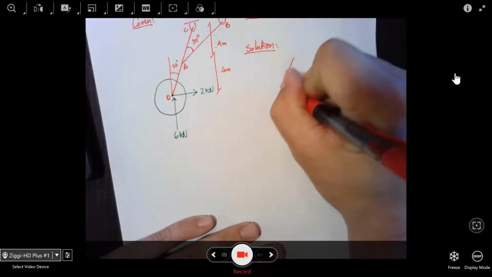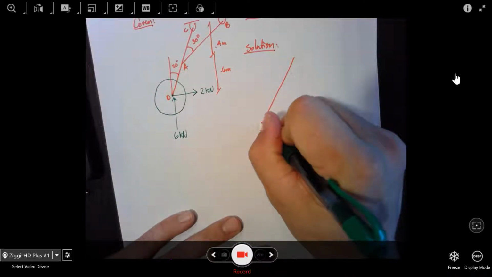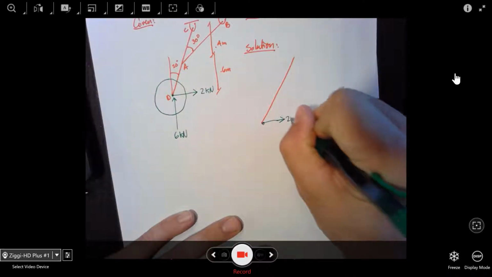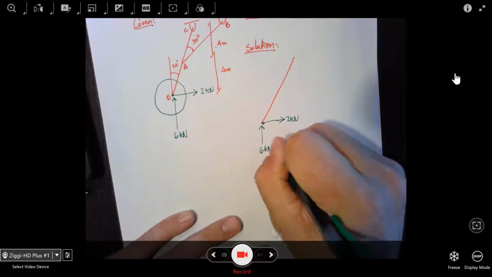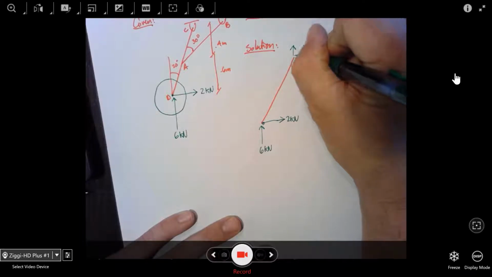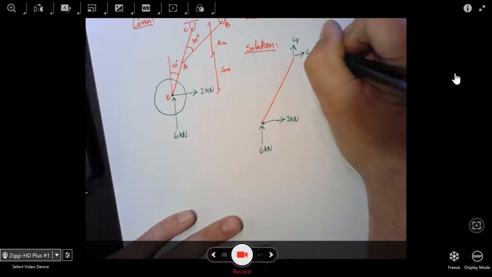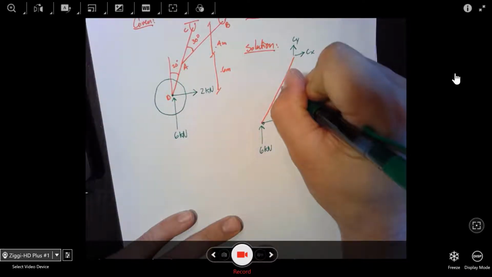So here's our free body diagram. At D, we know we've got 2 kilonewtons horizontal, 6 kilonewtons vertical. We then have CY, CX, and at A, it's pin connected.